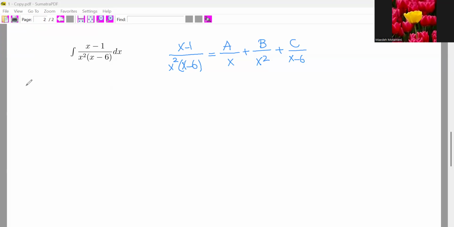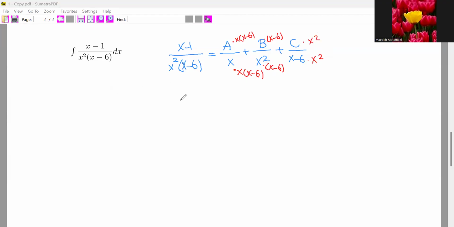So we know that if we want to combine them, you would multiply the first one by x and x minus 6. So you would do the same here. For the second one, we already have x squared. So it is enough if we multiply it by x minus 6 here and here. And for the third one, we only need to multiply it by x squared.